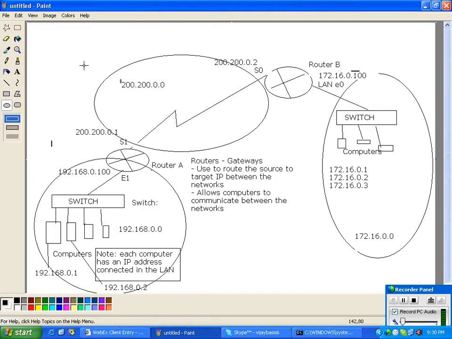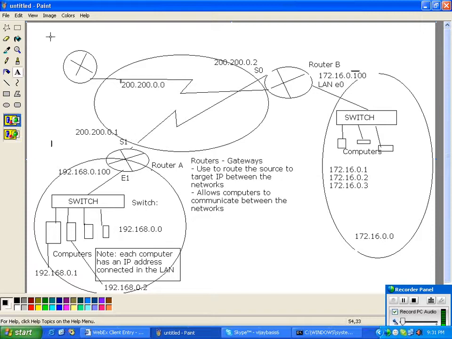And I just want to have one more router here, and connect to another serial port of the router. See, this router has two connections.